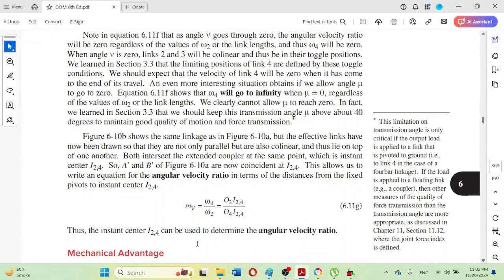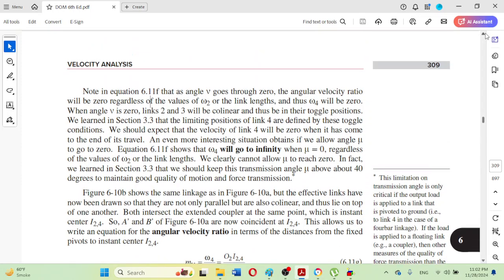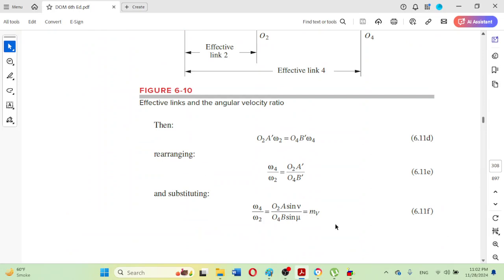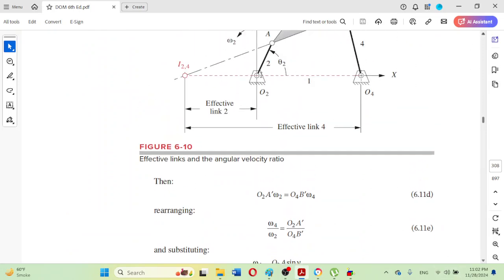So here, in a similar manner, the angular velocity ratio omega 4 divided by omega 2 will be equal to this effective input link, as the author has explained, this is the effective crank. Now the effective input link O2 A dash, because point A dash and B dash are now coincident at the same point.